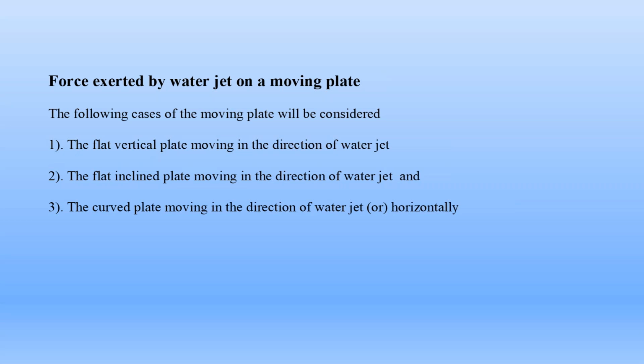But before going to discuss this moving plate force equation, first you should know the relative velocity concept. In the lower classes in physics, you might have studied this relative velocity. If body A is moving with velocity V̄A, body B moving with velocity V̄B, then the relative velocity of body A with respect to body B is represented as V̄AB. V̄AB is the relative velocity of body A with respect to body B, that is equal to V̄A minus V̄B.